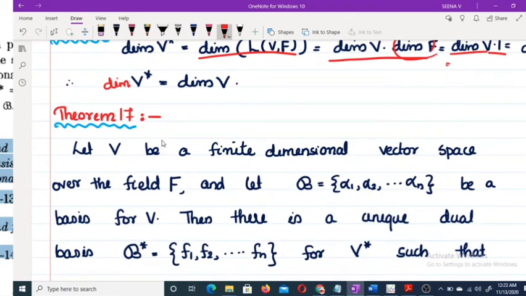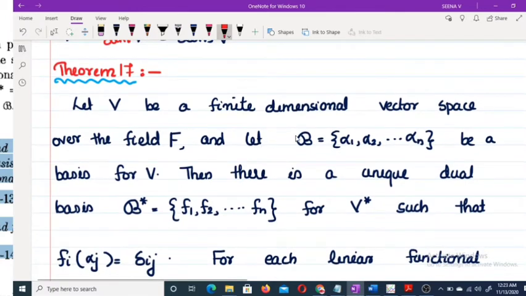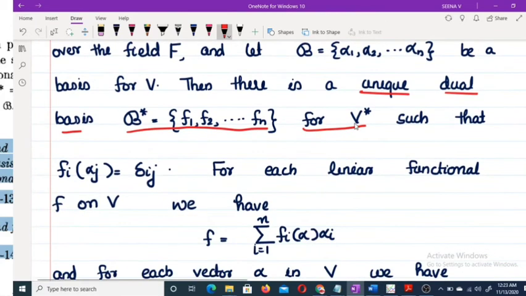Now we are going to prove one theorem, and this theorem is very important. Listen carefully. Let V be a finite dimensional vector space over the field F, and let B equal to alpha 1, alpha 2, etc., alpha n be a basis for V. Then the theorem says that there is a unique dual basis B star equal to f1, f2, etc., fn for V star such that fi of alpha j equals delta ij.